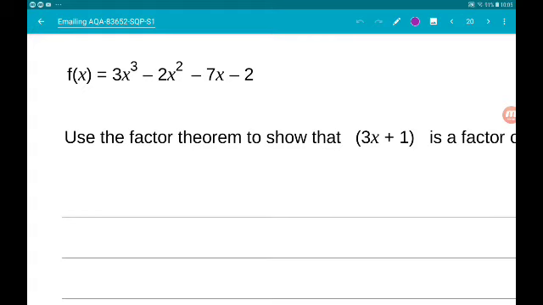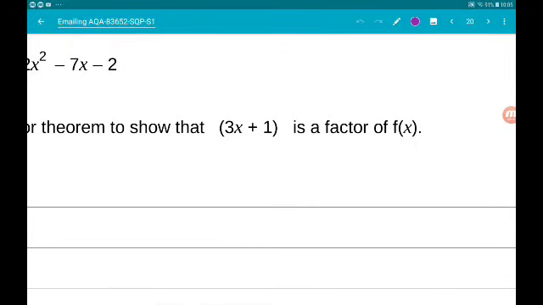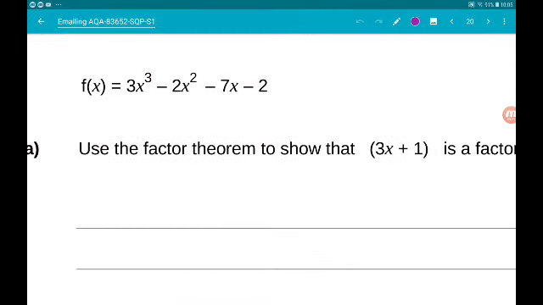Part A wants us to use the factor theorem to show that 3x plus 1 is a factor of f of x. So, I have plenty of factor theorem content. It's in my polynomials playlist down below.